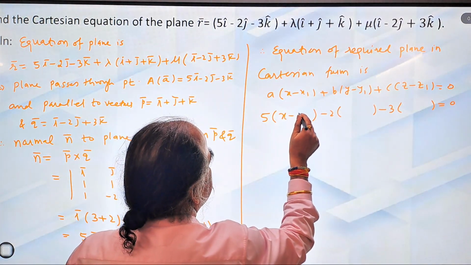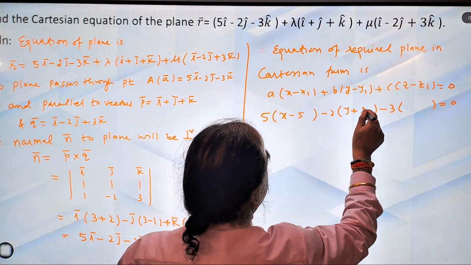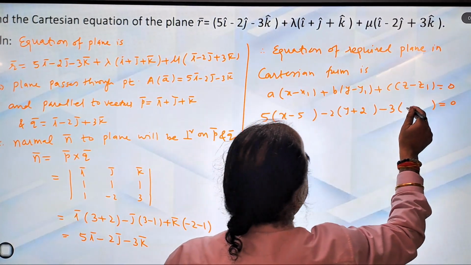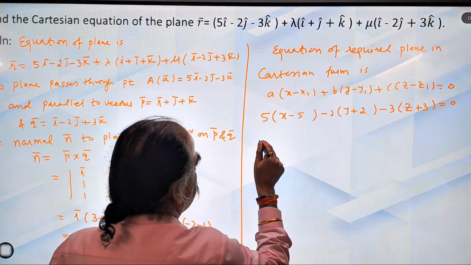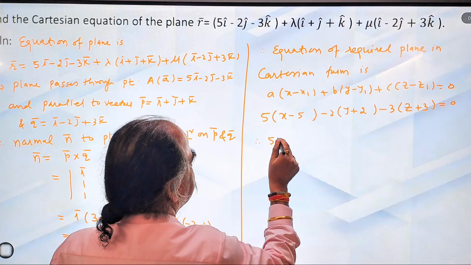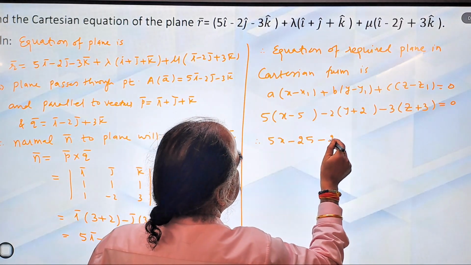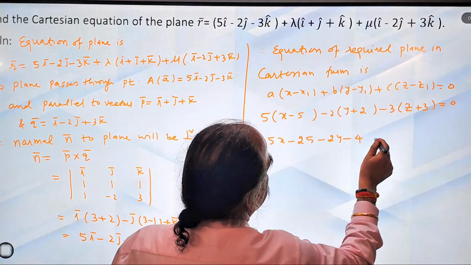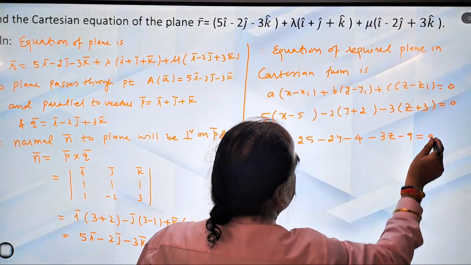So x - 5, y + 2, z + 3. Therefore, 5x - 25 - 2y - 4 - 3z - 9 is equal to 0.